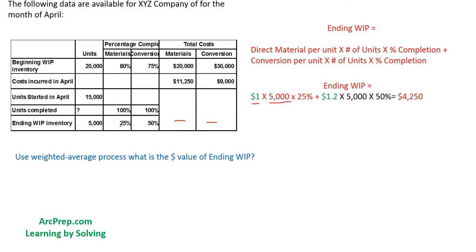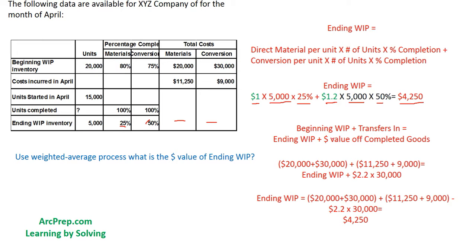Please note 5,000 is not 100% complete. They are 25% complete. So we need to multiply that by 25%. We also need to add conversion cost, $1.2, multiplied by 5,000, and it is 50% complete. So the total turns out to be $4,250.